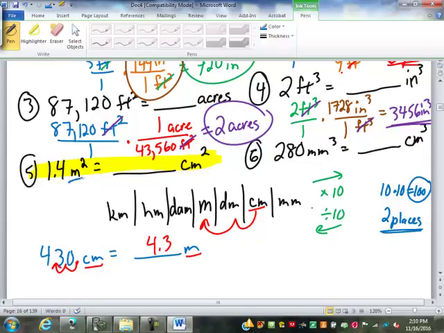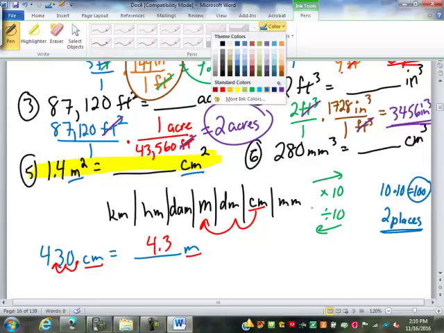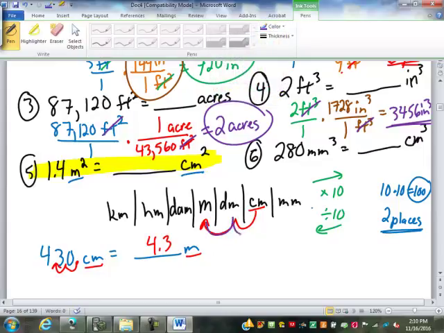So to get from meters to centimeters, on the chart we have to go two spots to the right. But since this is square meters and square centimeters, every spot on the chart is two decimal places. So we went two spots to the right on the chart. We have to double that. Our decimal point has to go four spots to the right. So 1, 2, we've got to add a 0, 3, another 0, and 4. So that is 14,000 centimeters squared.